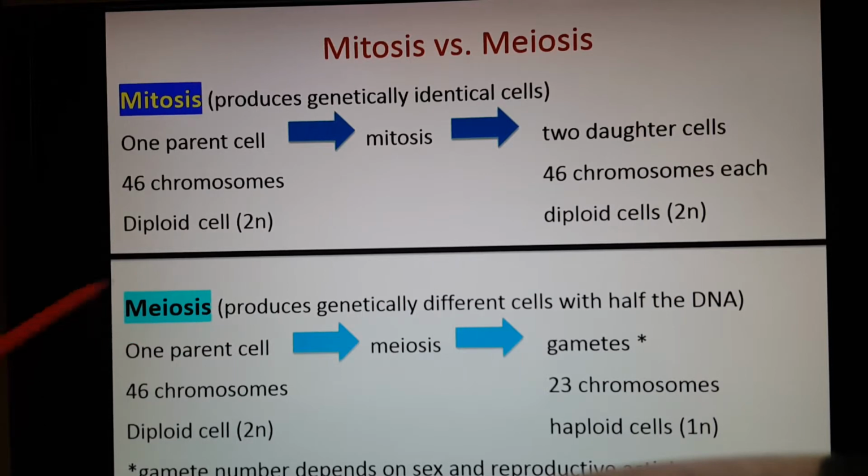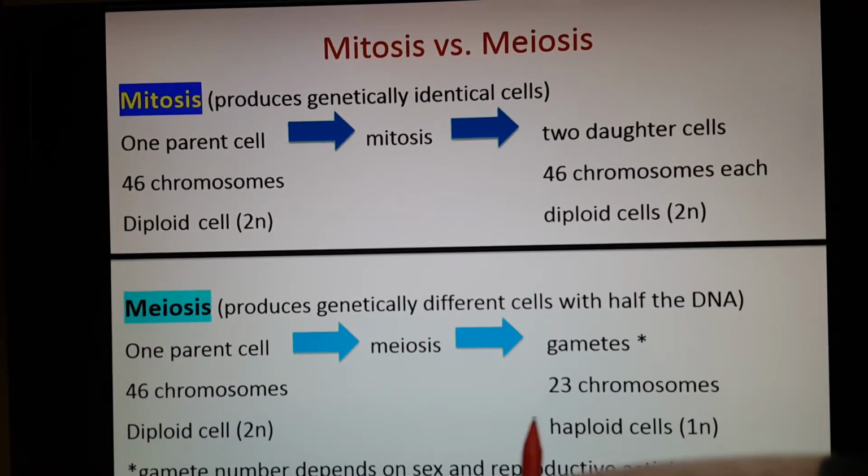So starting off with our one parent cell with 46 chromosomes. Again, this is a diploid cell, also denoted as a 2N cell. This one parent cell will go through meiosis, and we'll go through those details later, to produce the gametes. Gamete cells have 23 chromosomes, so 46 single-stranded here, 23 single-stranded chromosomes here.